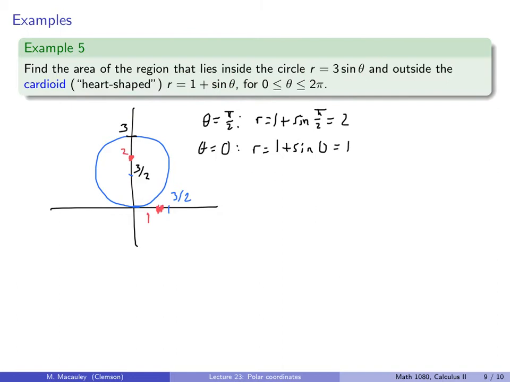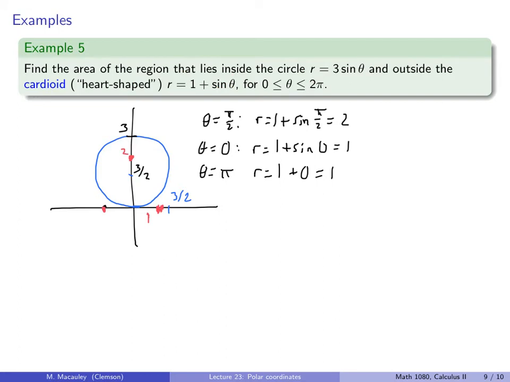Similarly, for theta equals pi, r is also going to be 1 plus 0 equals 1. So this thing is going to intersect, I meant to do that in red, that point.